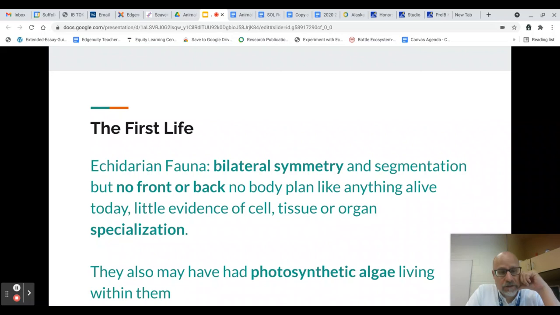There's some real speculation that perhaps part of what's going on is that, like a modern coral, they actually had photosynthetic algae living within them. Now we see that most clearly in lichens.